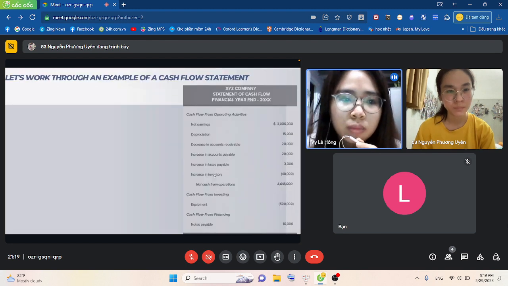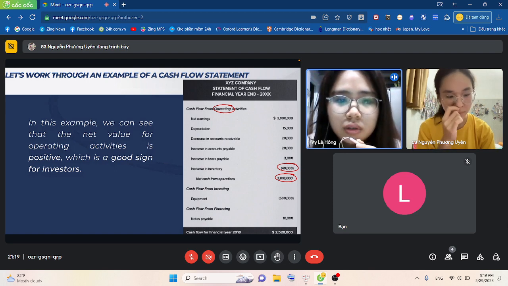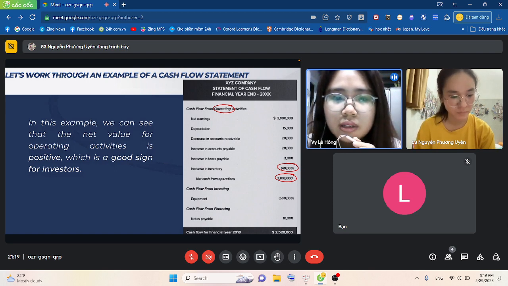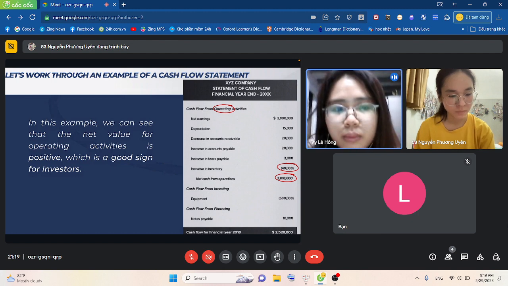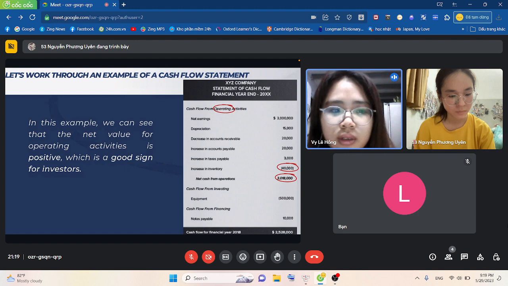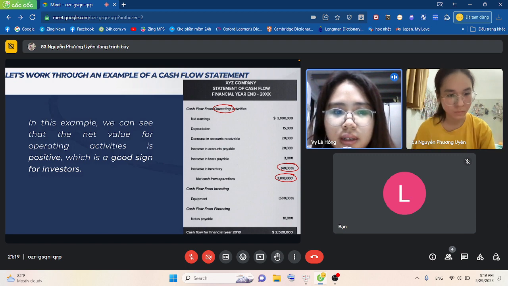To know more about what's inside the company and get a more meaningful look, we have to go deeper into the cash flow. Let's walk through an example of a cash flow statement. Look at what each section is showing. Operating activity.